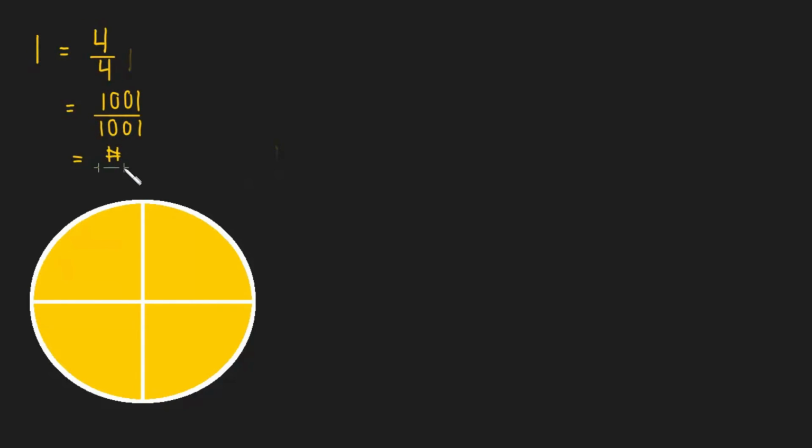So a number divided by that same number. Okay, knowing that, what happens if we multiply, let's say we have 2 over 2 times 1/4.